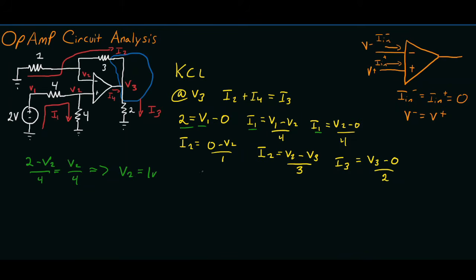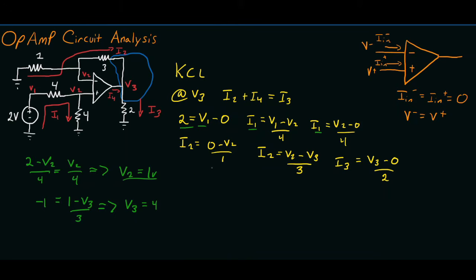So now we can do the same thing for I2. And we have a value of V2 that we can plug in. So we can write that negative 1 is equal to (1 minus V3) divided by 3. And solving this, we get that V3 is equal to 4 volts.